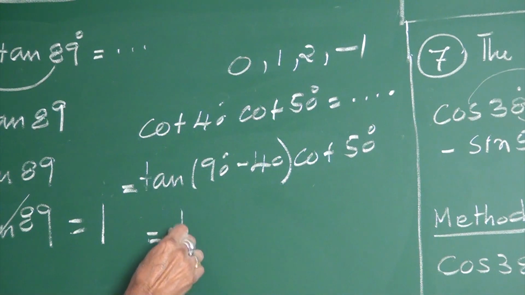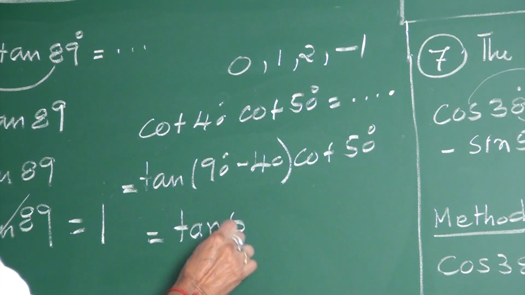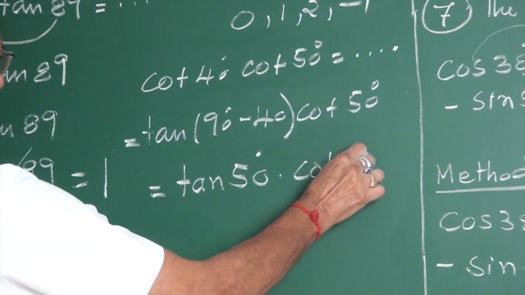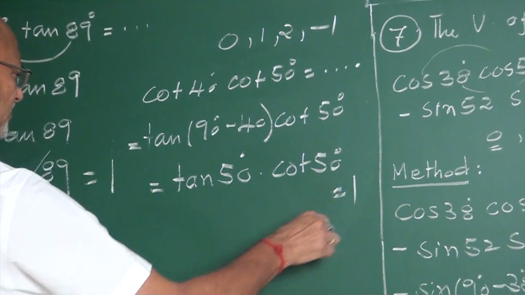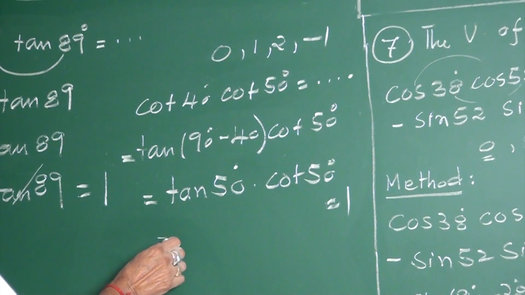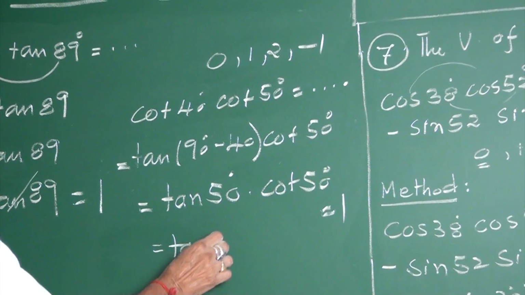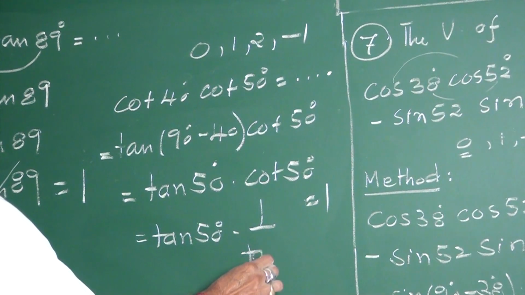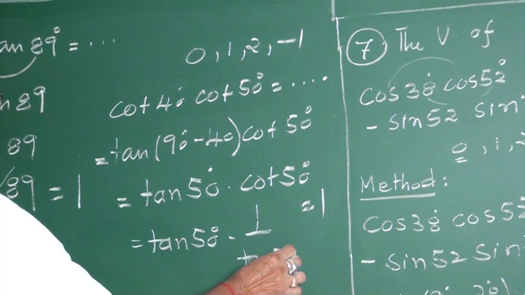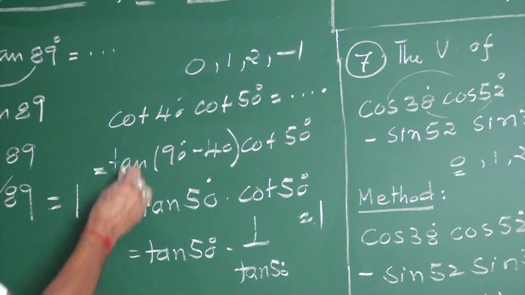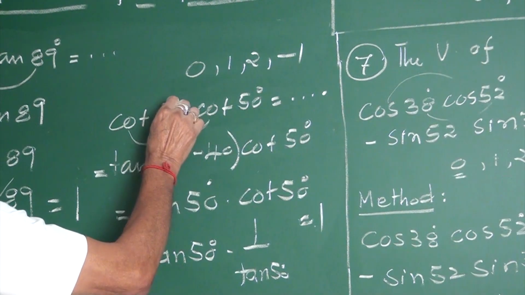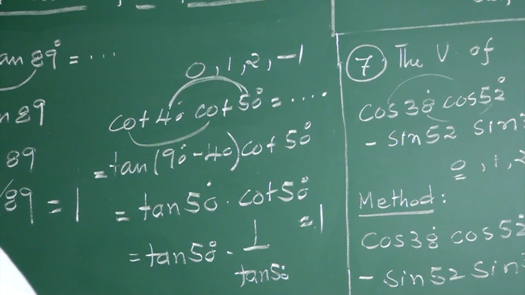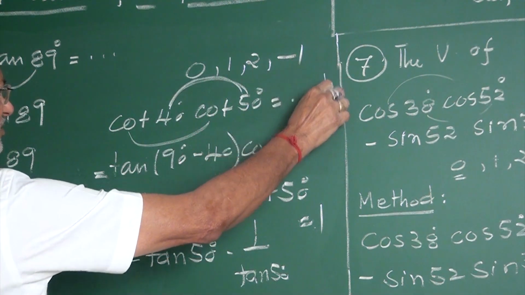This is tan 50 degrees, and this is cot 50 degrees, which is directly tan theta into cot theta. Otherwise, it is tan 50 into 1 by tan 50. The answer is 1. Therefore, in case of cot, if the sum of the angles is 90 degrees, the answer is 1.